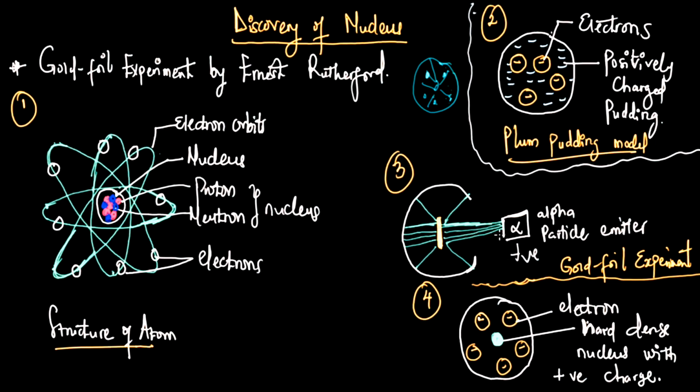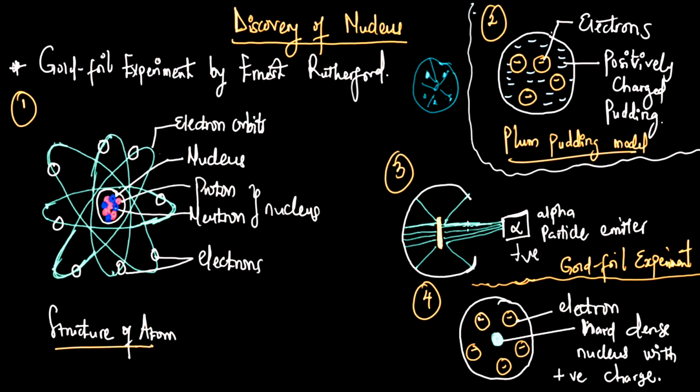But when shooting the alpha particles, most passed through the gold foil, while some of them were deflected and some of them were reflected. So this tells us that there is a hard, dense substance inside of the atom.